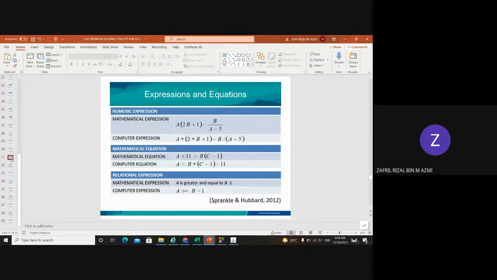Okay, this is very important, so I want you to do some exercise on this. Let's say we have this mathematical expression. This is understandable by humans, but if you put this expression into your computer program, your program is going to crash. There will be an error because the computer doesn't understand this: A bracket 2b plus 1.